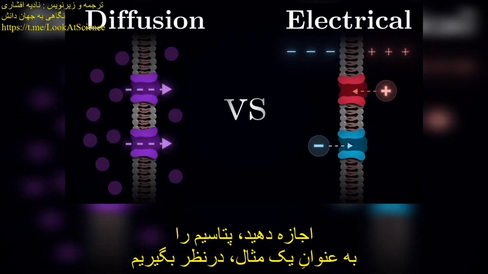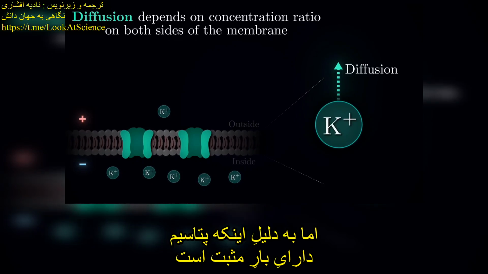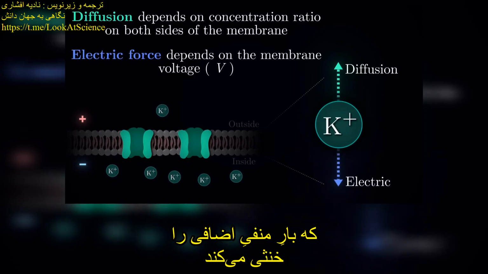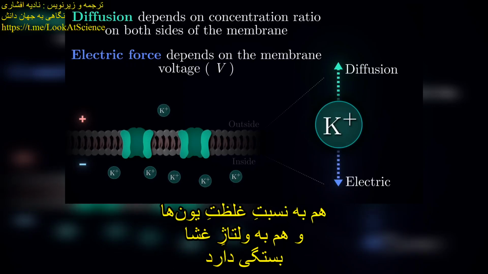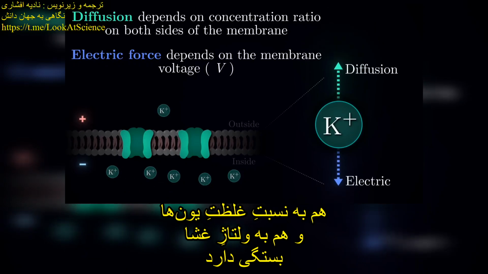Let's take potassium as an example. There are more potassium ions inside the cell than outside, so diffusion tries to push them out. But since potassium is positively charged, it is electrically attracted to flow into the cell to neutralize the excess negative charge. Which force wins depends on both the concentration ratio of ions and the membrane voltage.